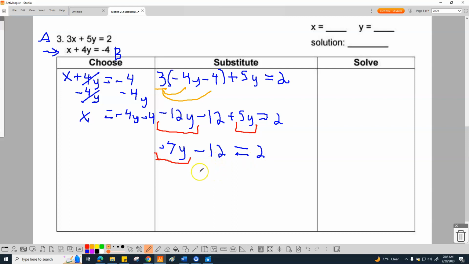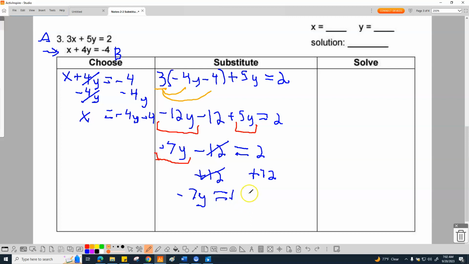Got it? Now we're going to add 12 to both sides. If I can use this pin correctly. We're going to add 12 to both sides. These cancel out. I'm going to write down my negative 7y equals 14.